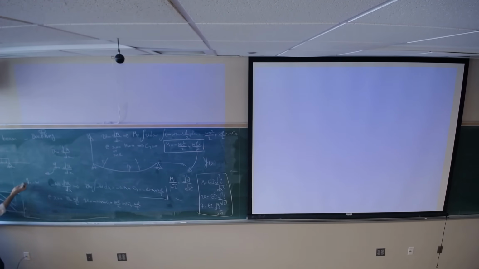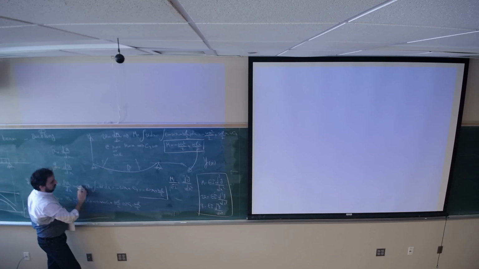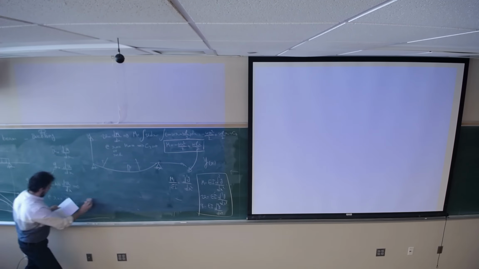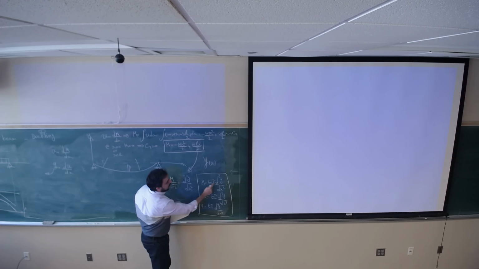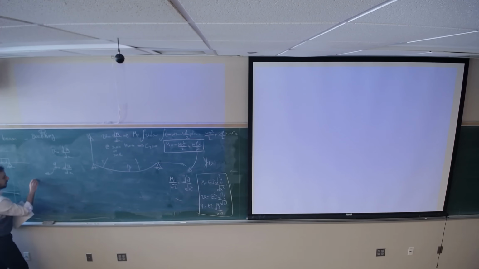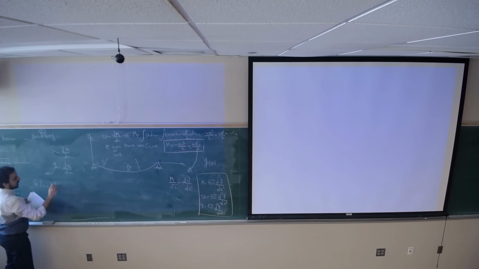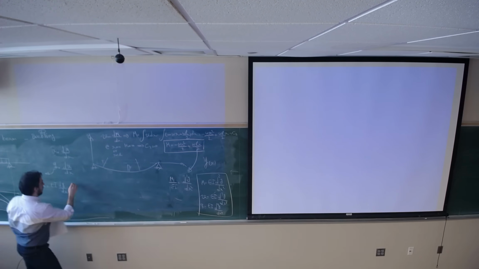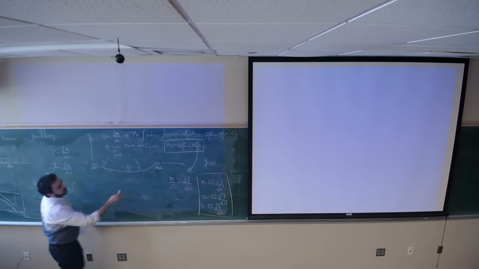EI times the second derivative of y is M. If I do the integration of M dx, I get EI times the first derivative of y with respect to x.